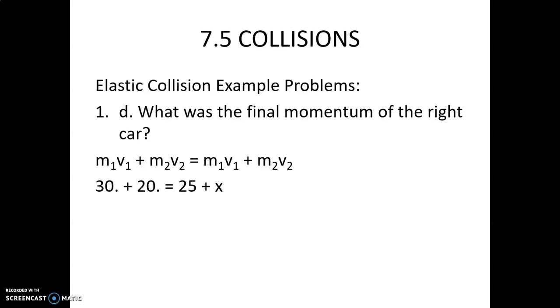Now we're going to just use basic algebra to isolate x. So 30 plus 20 ends up being 50. And then you subtract 25 from both sides. Hopefully you don't need a calculator for this. You end up with 25 kilogram meters per second. So that's the momentum of the right car after the collision.